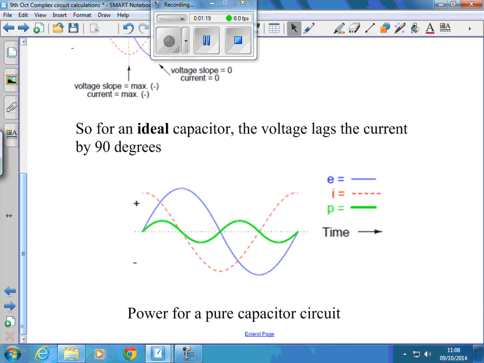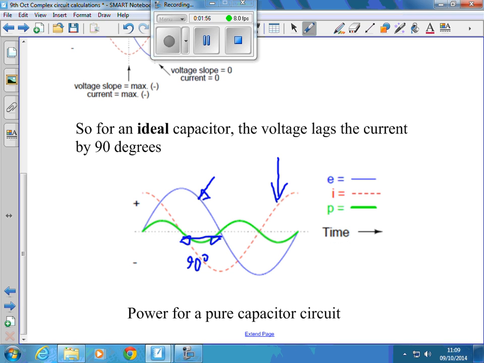So for an ideal capacitor, the red one there is the current, the blue one is the voltage, and there's a 90-degree angle between the crossing points, with the current leading the voltage, or the voltage lags behind the current.